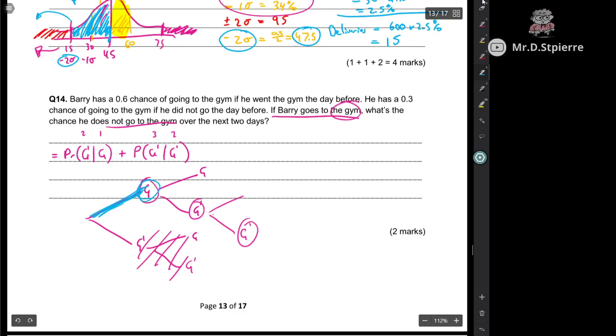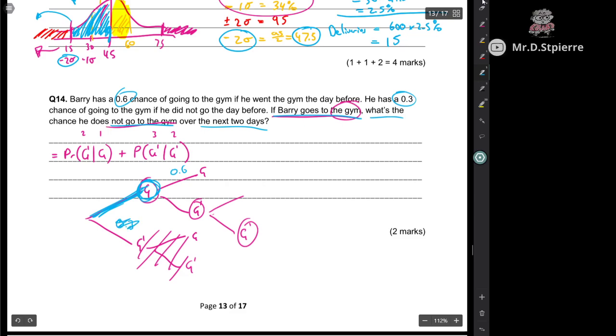So this story, we've done this, we're guaranteed we're here because he's gone to the gym. What's now the probability he doesn't go to the gym on the next 2 days? Well, this is where we put in our data. 0.6 if he did, so that's a 0.6. He has a 0.3 chance of going to the gym if he did not go the day before, so that's a 0.3.